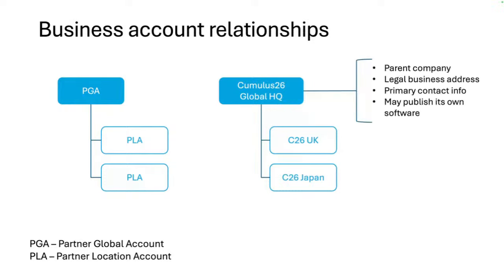And when we do so, our parent company has these attributes or these aspects to it. This is our definitive legal business address, right? This provides our primary contact information for the administrator of Partner Center, so that someone can be contacted in the event of a problem or something to that effect.